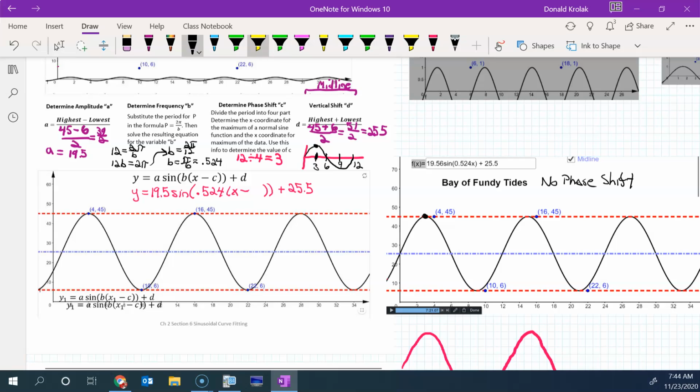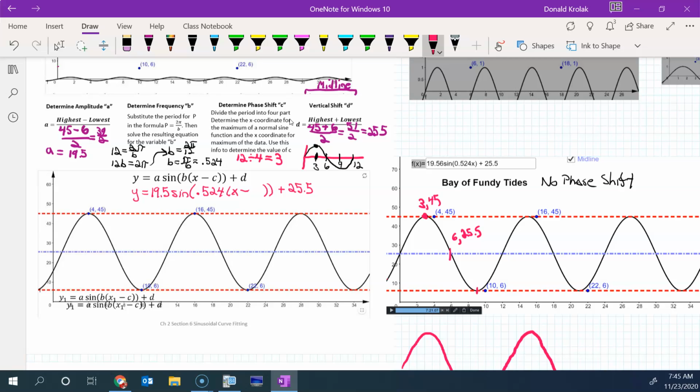What this is telling us is that this max is at 3, at 45. Then this one is 6 hours in, at the midline, 25.5.